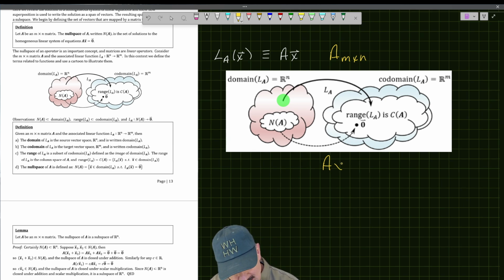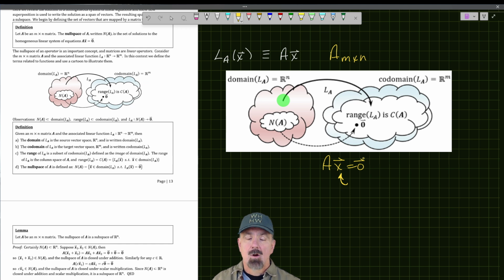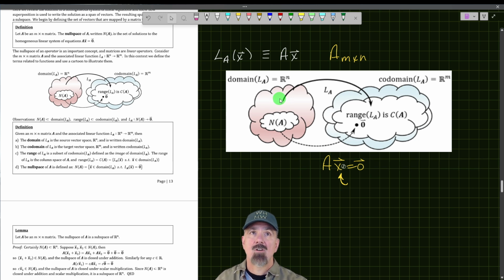So null space is all of the x vectors here that satisfy this equation. All of those vectors are in the null space, and the null space is a subspace of Rn. The column space is, as we talked about last time, a subspace of Rm. It might be all of Rm, but it's definitely a subspace.